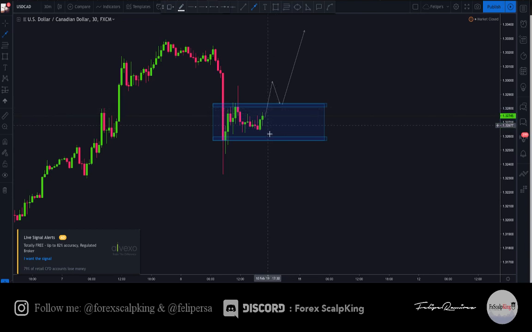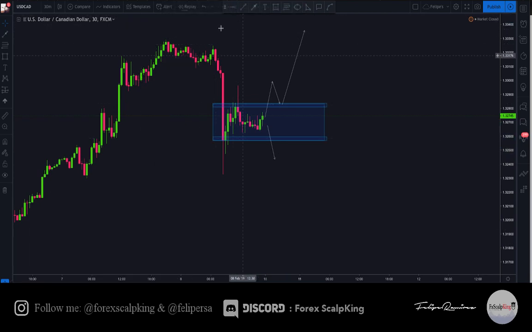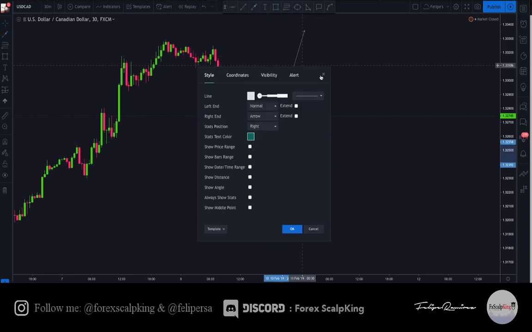Or I'm going to wait and see if price breaks that support. Am I going to trade that? No, I'm not. Careful here, don't get trapped. If this breaks support, I'm going to wait. I'm going to be patient.